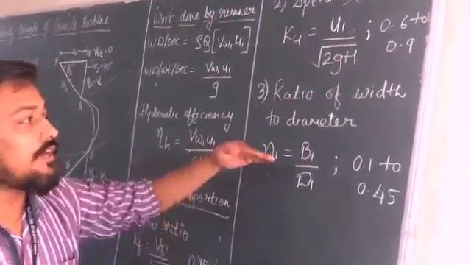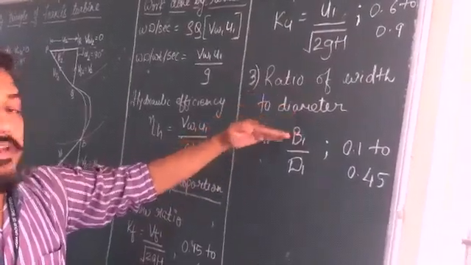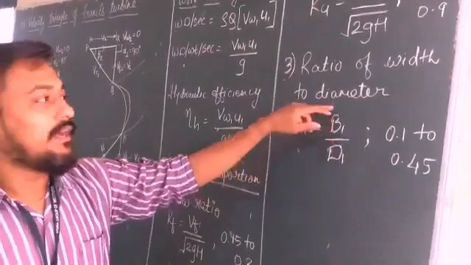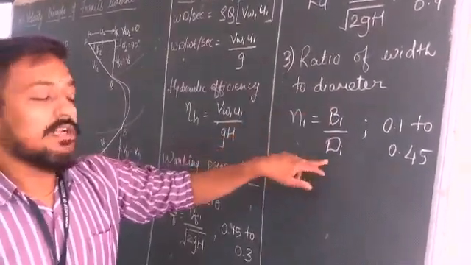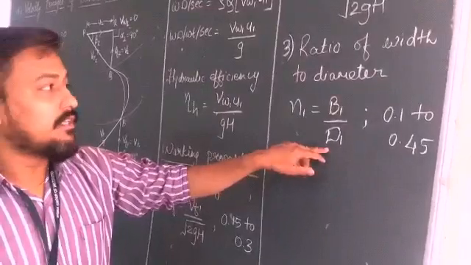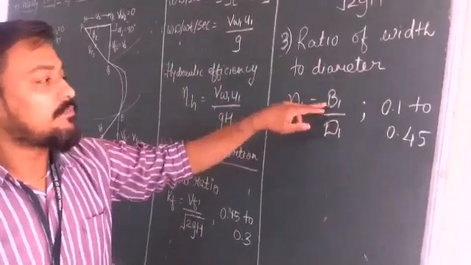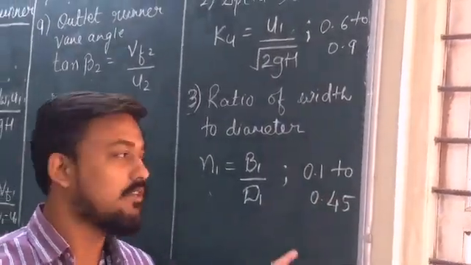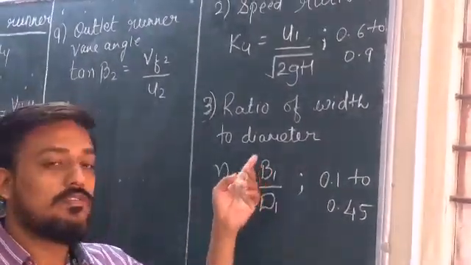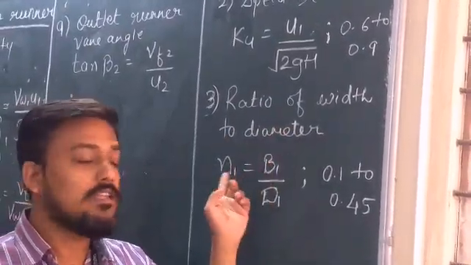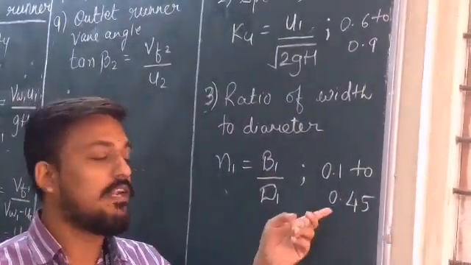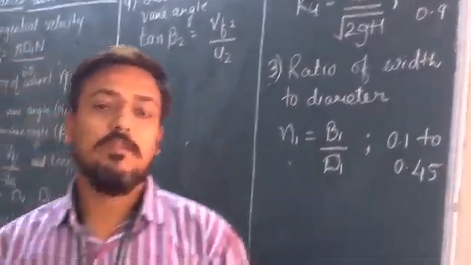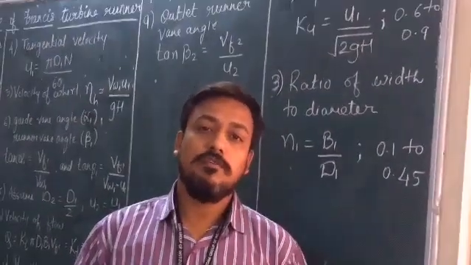Then we have the ratio of width to diameter, denoted by N, where width is denoted by capital B and the diameter of the runner by capital D. So the ratio of width to diameter is B1 by D1, and its value varies from 0.1 to 0.45. In the next part, I am going to explain the design procedure of the Francis turbine.